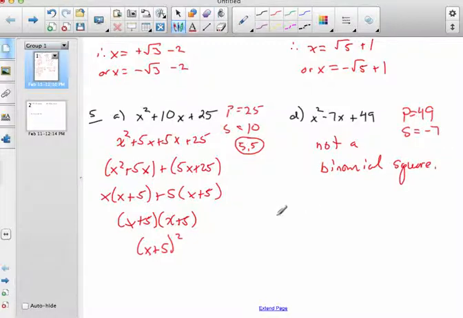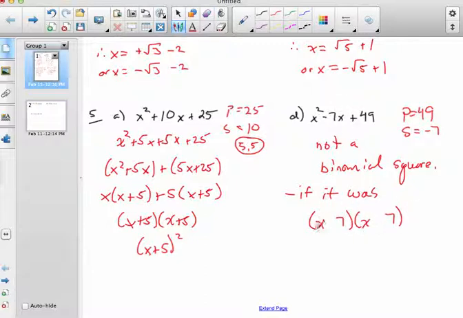Right? And here, sort of another way of saying that is, let's suppose that there is. So if it was, then we would have to have an x here and an x here, and two things would have to multiply to 49. So if we go 7 and 7, there's no way that we can make 7x and 7x make a 49 but also a -7.